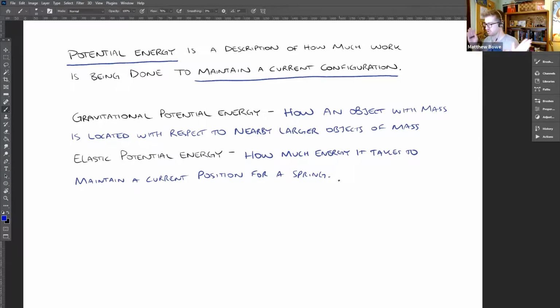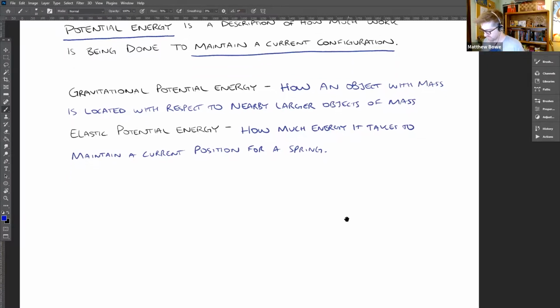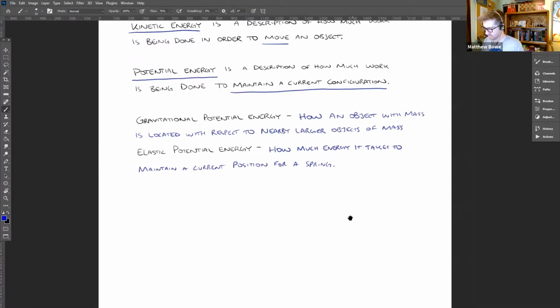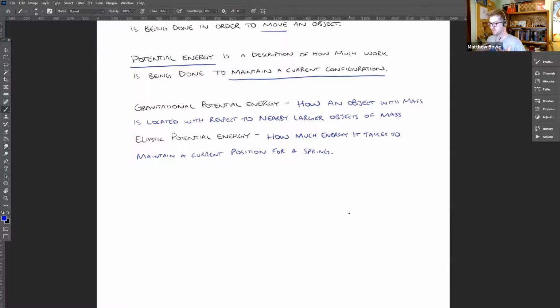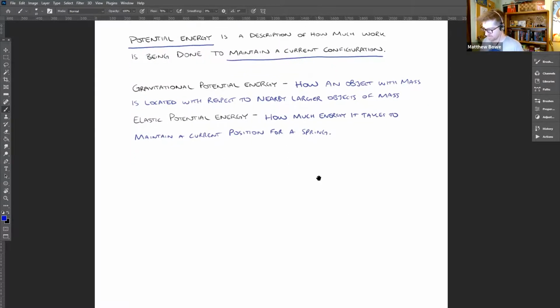Even though there's no motion at all in the system, it still has some potential energy. A good way to think about it is that the potential energy can all of a sudden be transferred into kinetic energy at a given moment.